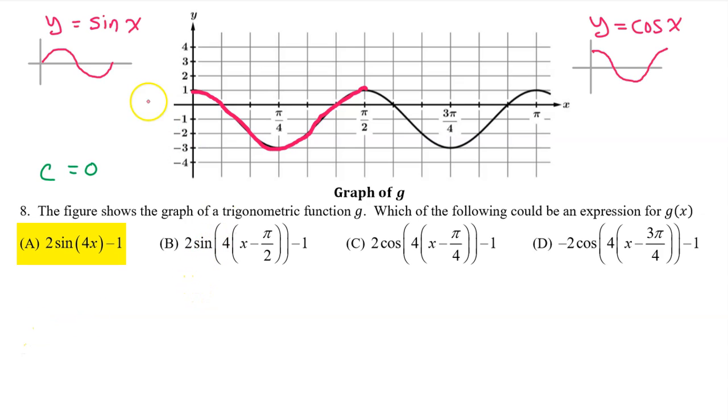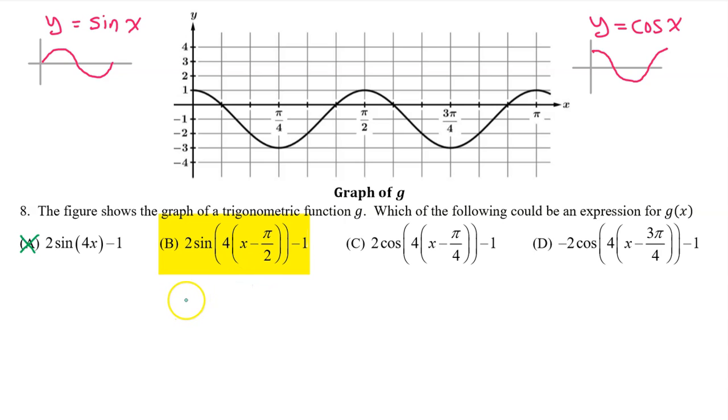We have memorized that the parent function y equals sine x looks like this, while the parent function y equals cosine x looks like this. Option A is a sine function, but this first period of g matches the cosine function, so the answer cannot be A. Now focus on option B. Option B has a c value of -pi over 2.